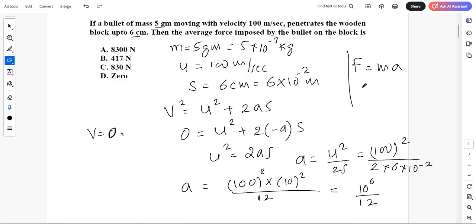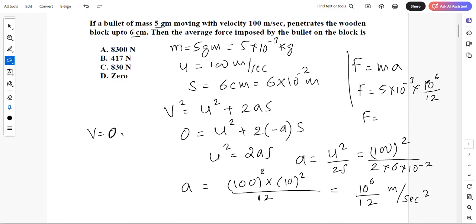Now let us calculate force. Force is equal to mass into acceleration. Mass is 5 into 10 to the power of minus 3. The acceleration is in meter per second square. Substitute this value here: 10 to the power of 6 by 12.